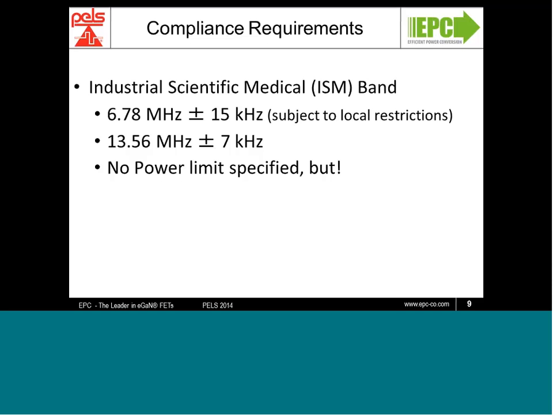No power limit has been specified that can be found, but there are issues that can arise from too much power at these frequencies, including induction heating into metal objects even at certain distances if you go too high in power, or even inducing unwanted behavior in certain other appliances, which is technically not permitted.